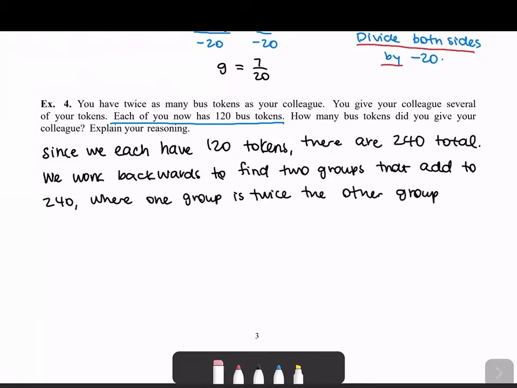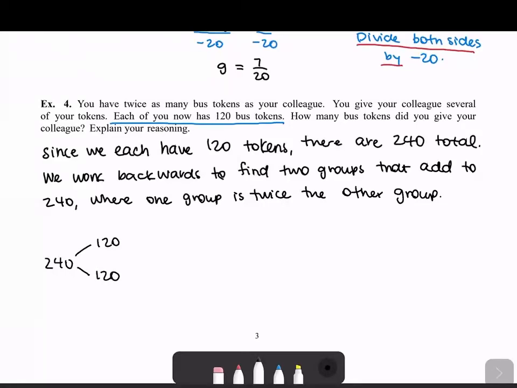So there's a lot of different ways to do this, actually. If we were in a college algebra class, you would set up a system of equations and solve it. But we're doing elementary analysis, right? We don't deal with that kind of thing that complicated. So what we're going to do is I'm going to split 240 into two groups.